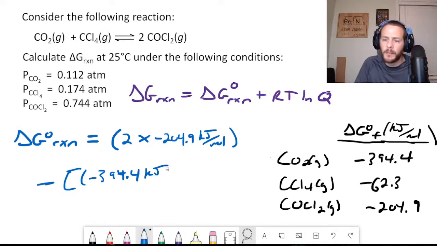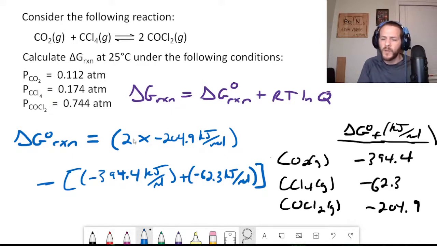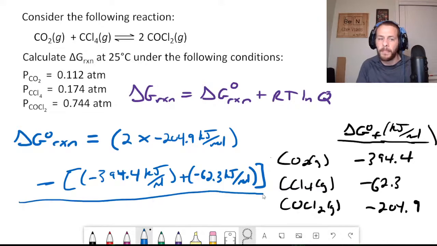So this whole expression, 2 times minus 204.9 minus the quantity of negative 394.4 plus negative 62.3, is going to give us the standard delta G for this reaction.